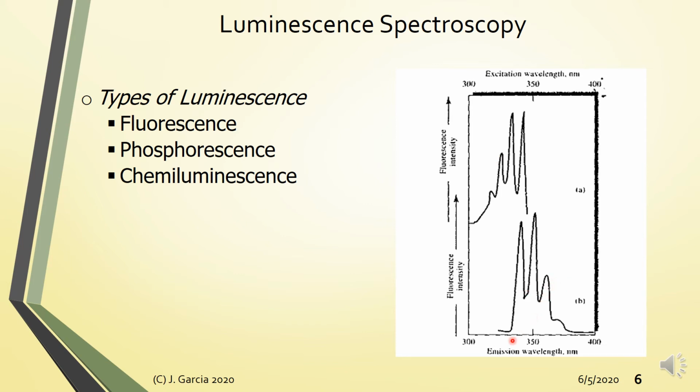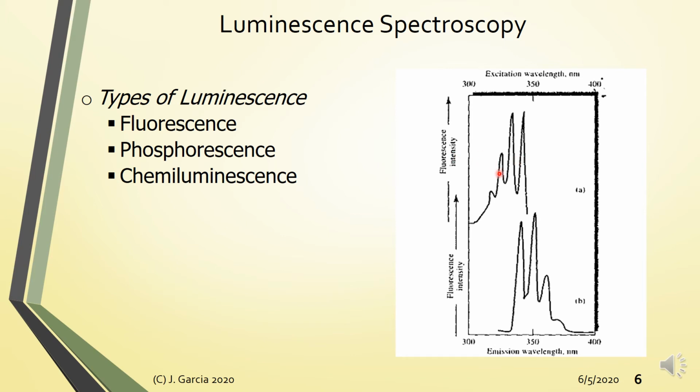So this shows you the emission profile, the fluorescence emission. And as you can see, they are mirror images of each other. Another thing you can observe is that, in general, the emission spectra occurs at longer wavelengths compared to your excitation spectra.